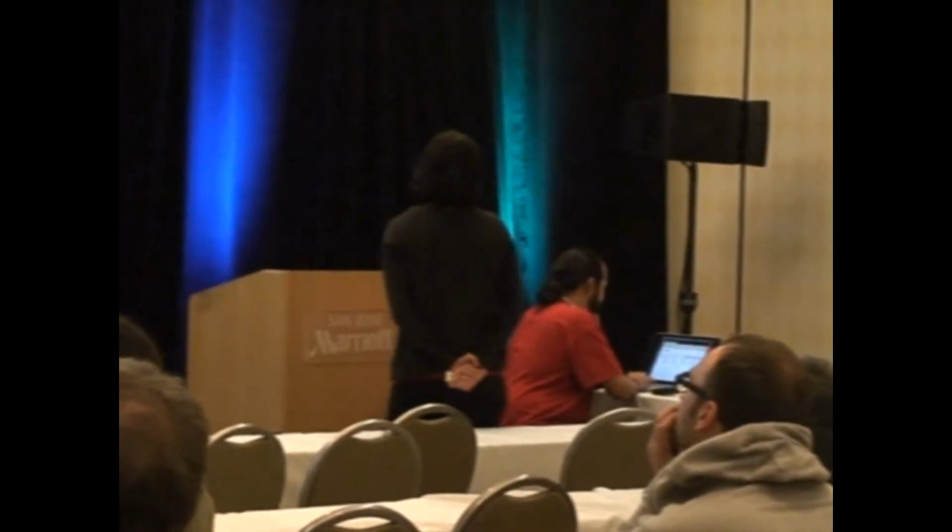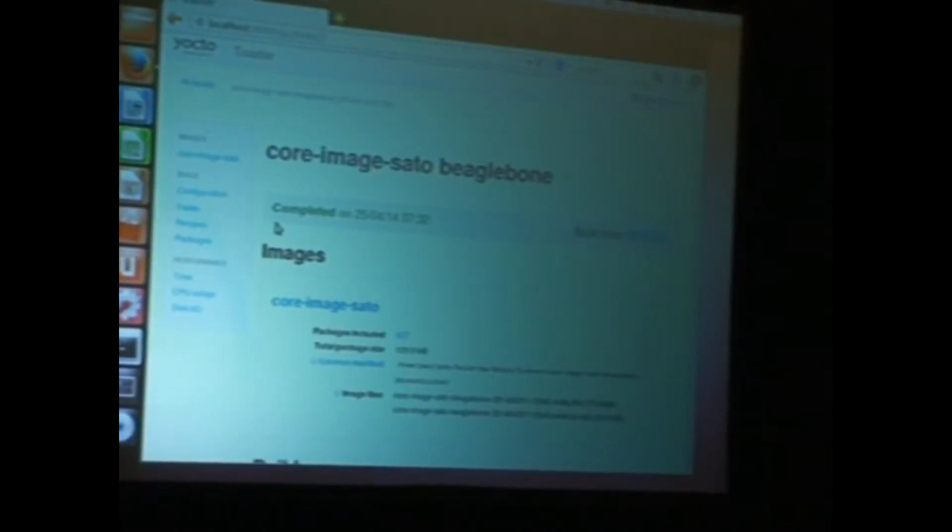Okay, let's see. There are obviously two builds. They completed at different times. And I guess I can see them somehow. It says that's for a BeagleBone. This is Poky.